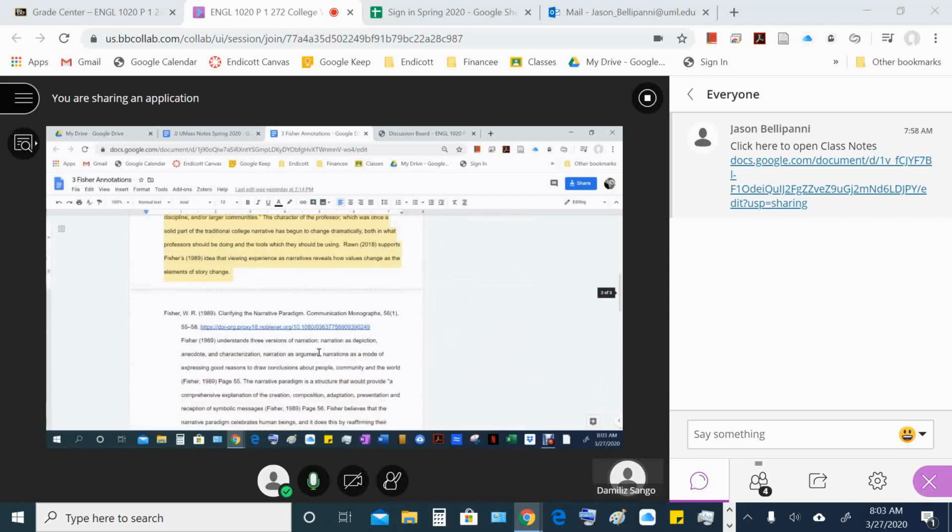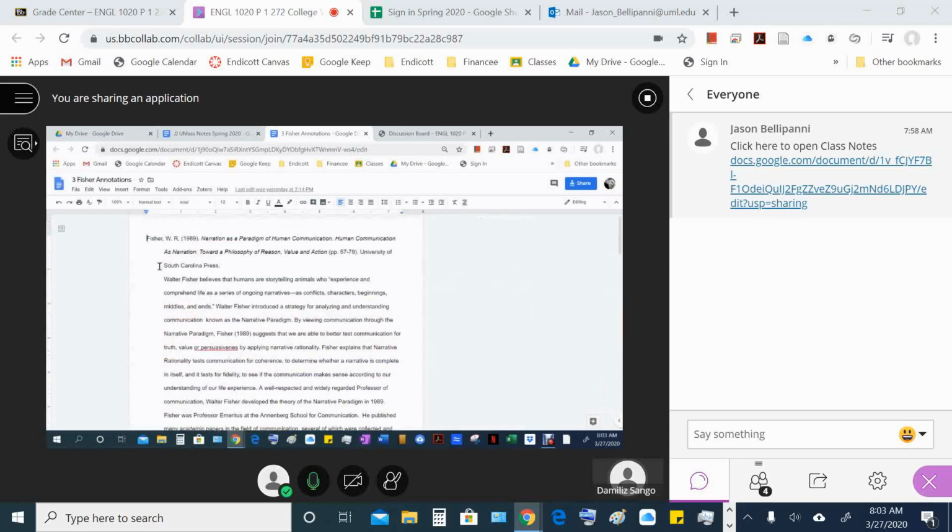I would also encourage people to read my annotation, at least because it's trying to give a pretty good summary and explain in regular language what each of the articles says about the narrative paradigm, like what it focuses on.